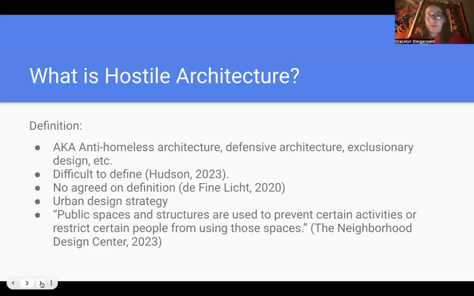That's why a lot of people will use the term hostile architecture or defensive architecture compared to the anti-homeless architecture term, which arguably is more of the common name you'll see referenced compared to defensive architecture, exclusionary design.